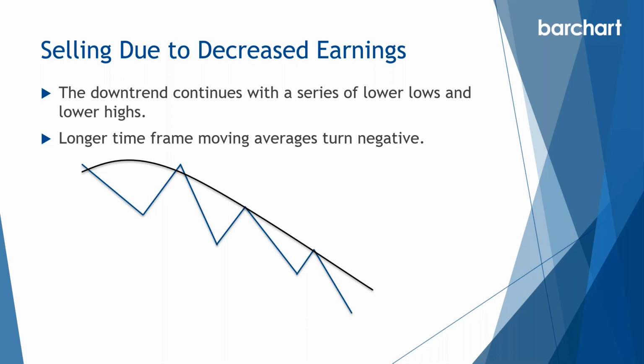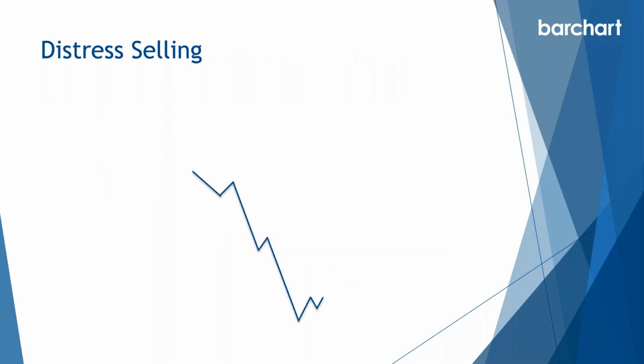So phase 2 is the trending phase. Lower highs, lower lows in our higher time frames. And then phase 3 is our distress selling. And here what we're going to find is that price deviates from the declining moving averages. Fear, panic fills our traders' hearts.